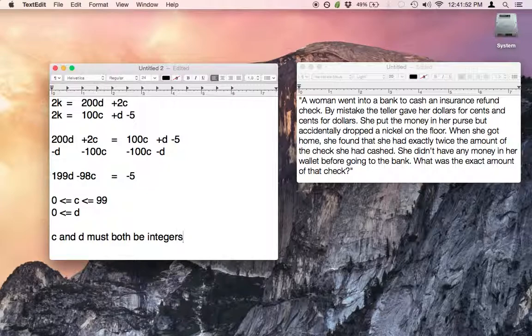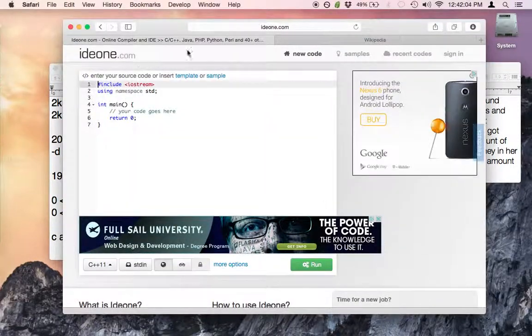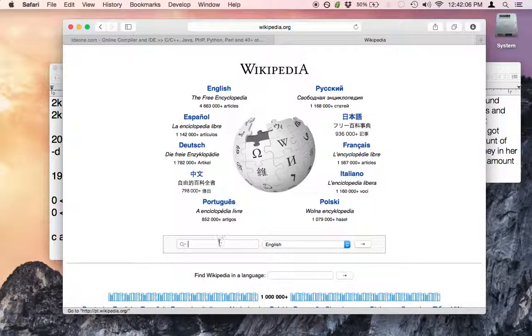And after doing a little research, I discovered that this is a different class of problem. Let's take a look at Wikipedia. This is what we call a Diophantine equation.